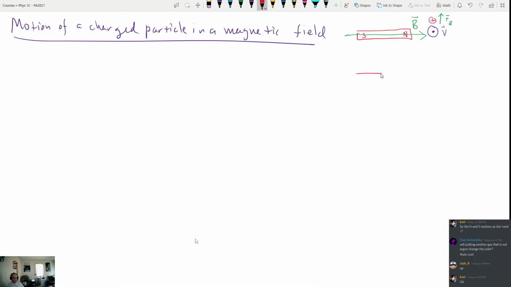Now, if we were to switch the direction of the magnet, same scenario but now I put south first and then north here, now we think of the magnetic field as pointing this way, into the south pole, okay? And now I have a particle that's here, and it's also going out of the page, so the velocity vector is this way.